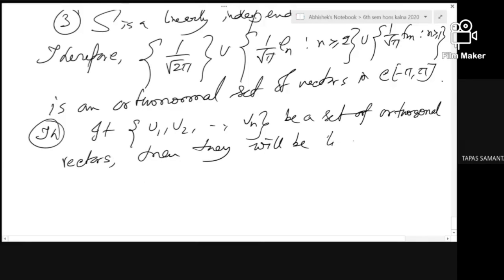This is an important observation that any orthogonal set of vectors will be linearly independent.